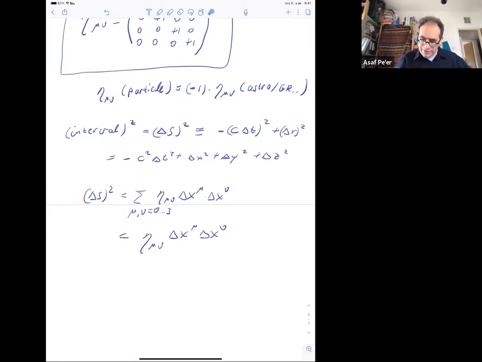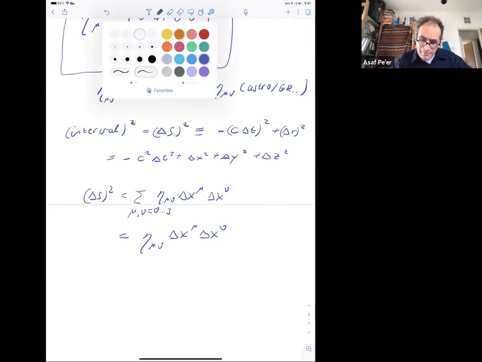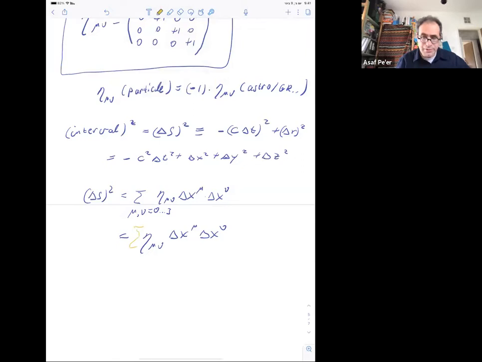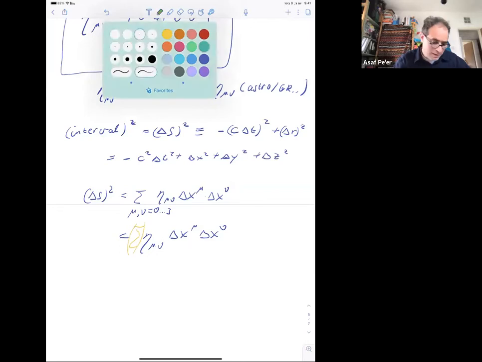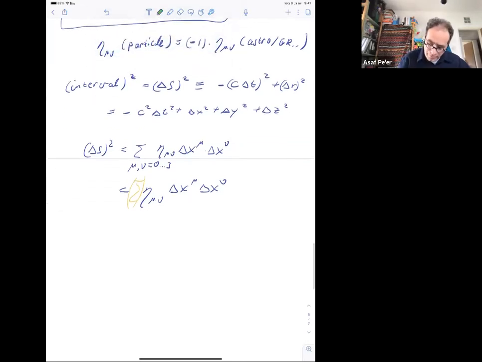So you're going to see a lot of these types of equations. If you find it confusing, simply add a summation sign every time you see an index that appears once as an upper index and once as a lower index. We're going to use that, because that's called Einstein summation convention.